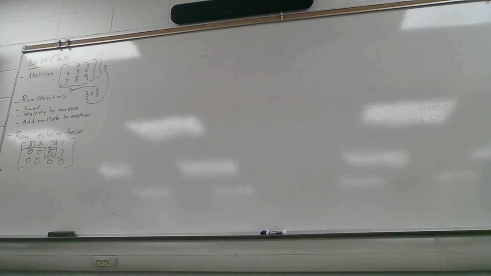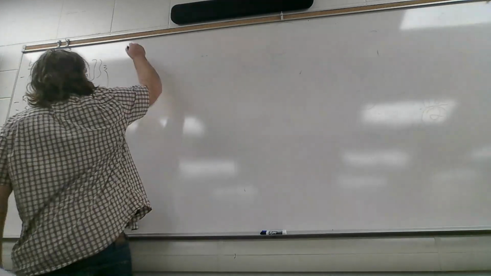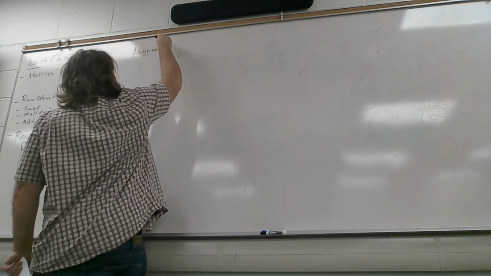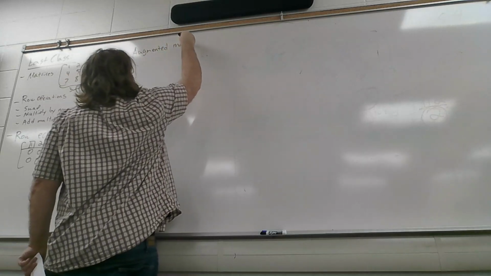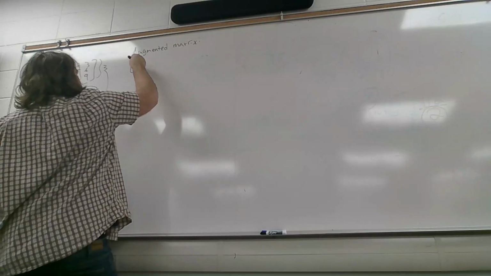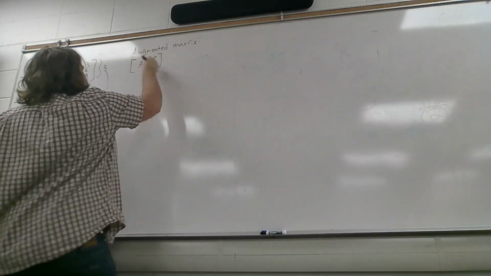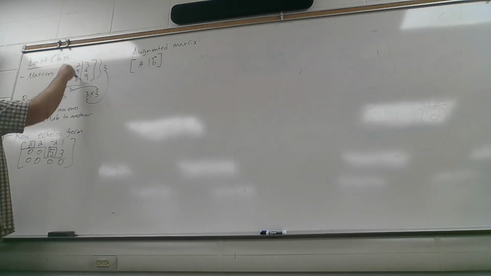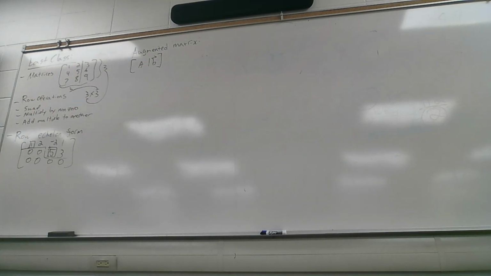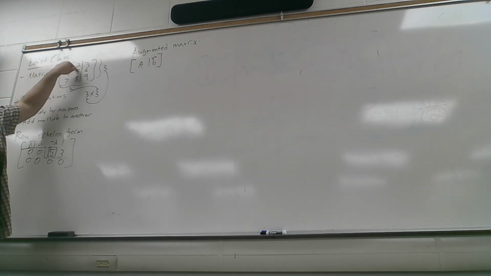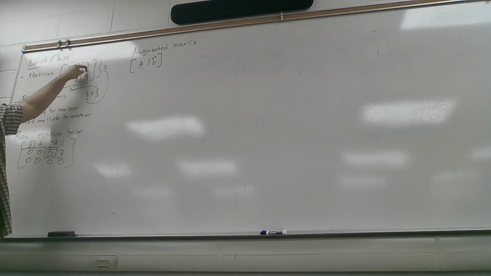We also talked about the augmented matrix. So that is, it looks like this was the notation we used. And all this is saying is, hey, if this represented a system of equations, then this would be what's in front of the first variable in the first equation, what's in front of the second variable in the first equation, what's on the other side of the equal sign.